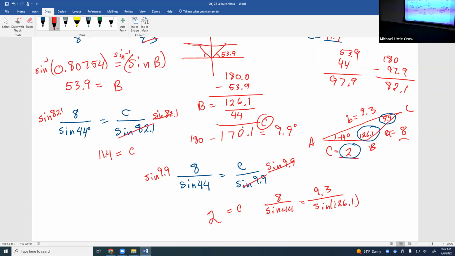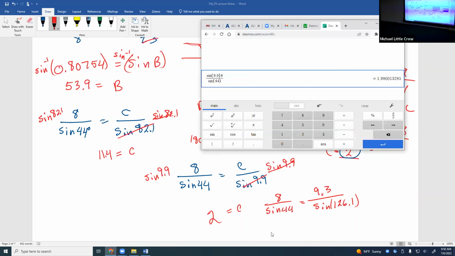Now, if you're thinking of this, it should be, right? Because the sine of 126 is actually going to be the same as the sine of 53.9. That's how we got it. So that value is going to be the same. So this should all work, but it's worth at least checking out. So what I would do is, let's get rid of this.